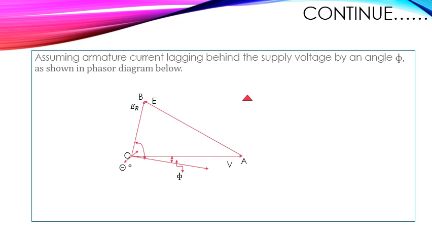Now we'll see the phasor diagram for lagging power factor. So here we are taking V as the reference, then show the vector for current lagging behind this V by angle phi.